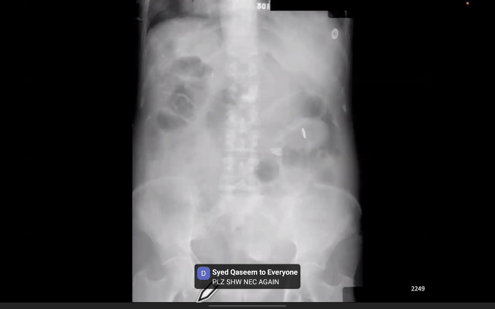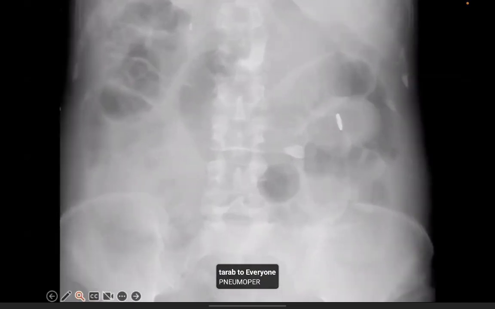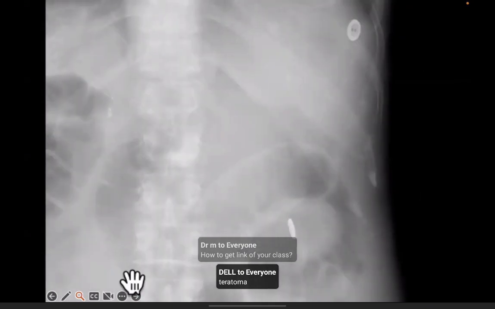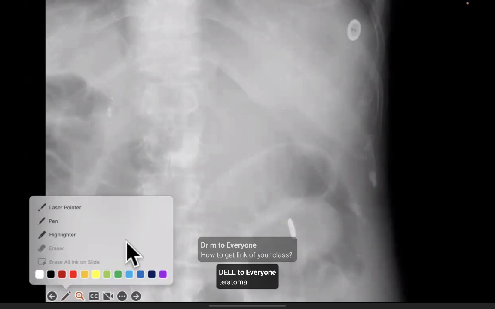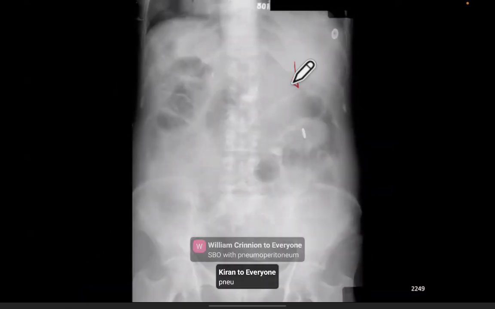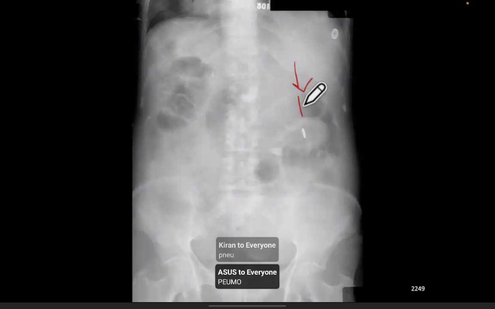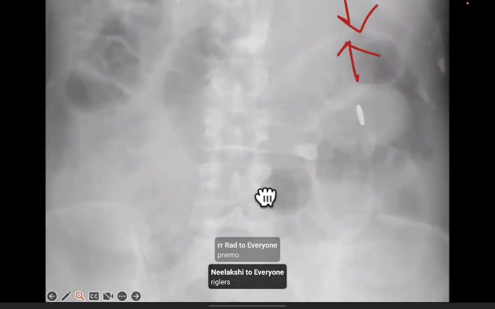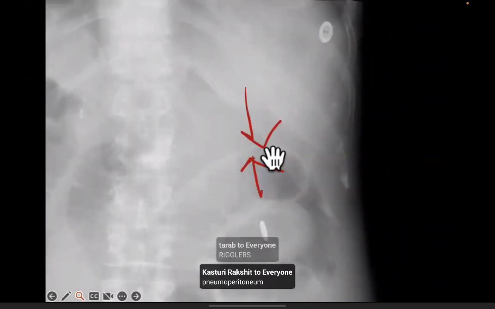Okay, diagnosis here. Both sides of the bowel wall are seen.